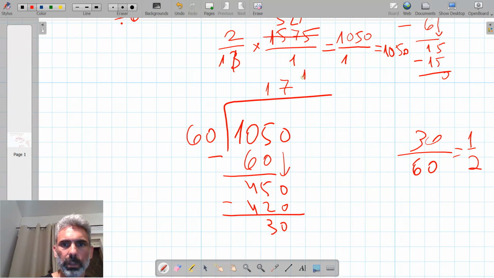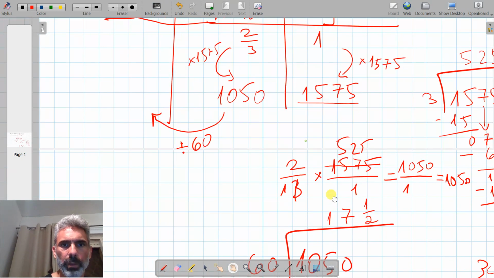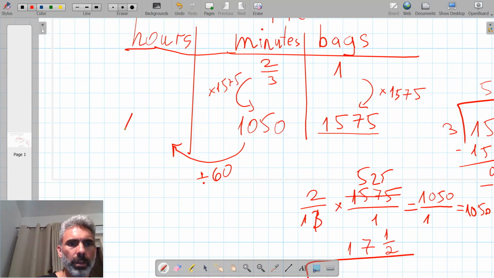So I have an answer here of 17 and 1/2. So it means that for one person to make this amount of bags, it takes 17 hours and 1/2.